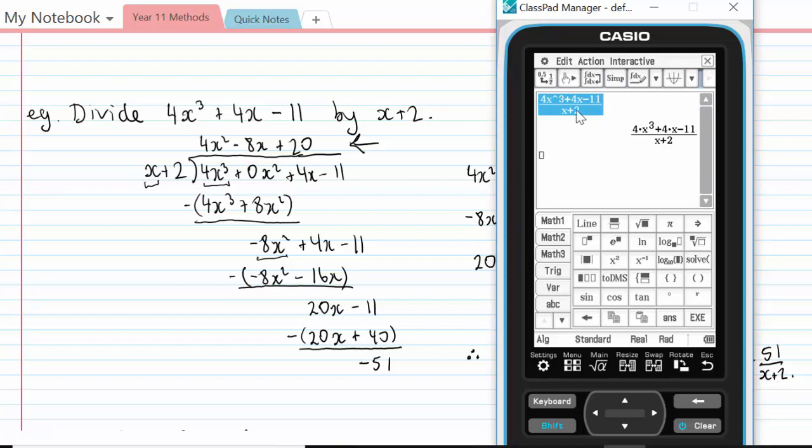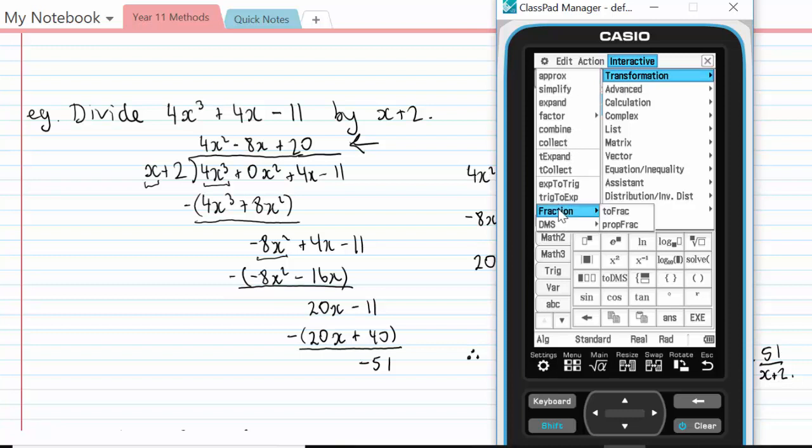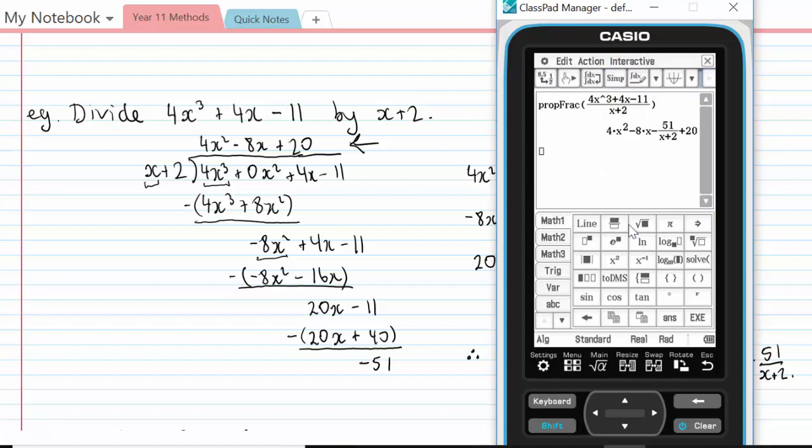So what I'll do then is I'll highlight the thing that I typed in, go to interactive, and I want to transform it. I just want to get the equation in a different form. I go to fraction, and then prop frac. Okay, and that converts it. So you can see that we've got 4x squared minus 8x plus 20. So we've got this part here.